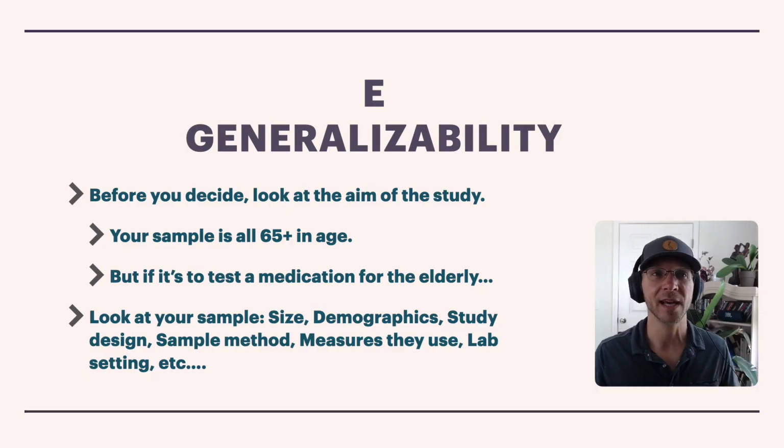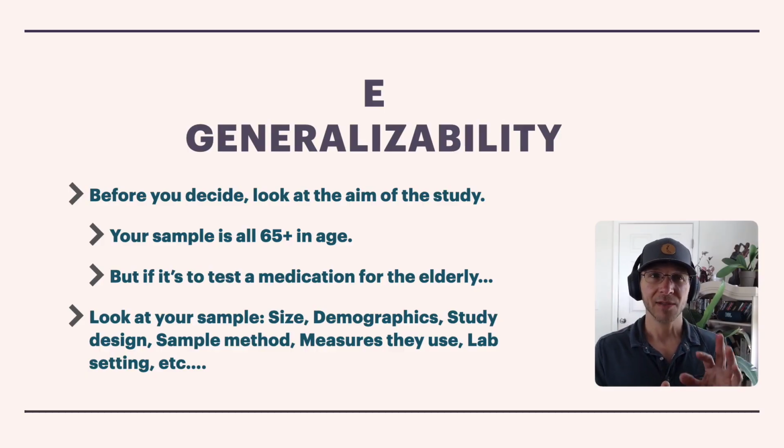Well, if their study is looking at medication for the elderly, then you can generalize it, right? But you should specify this can be generalized to individuals ages 65 and above. You can clarify it just like that.